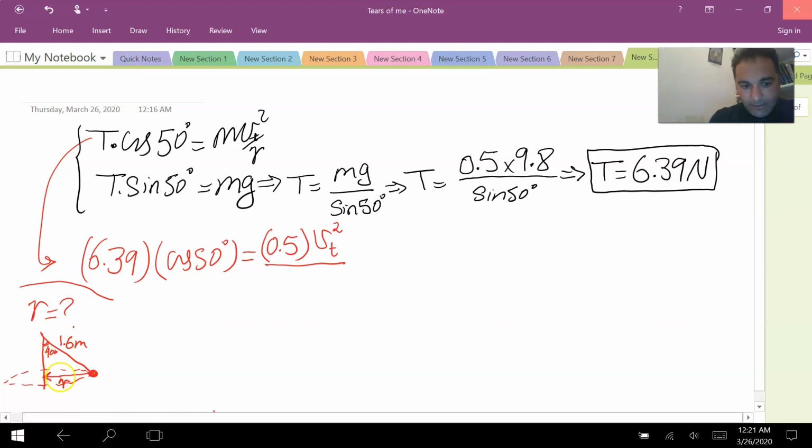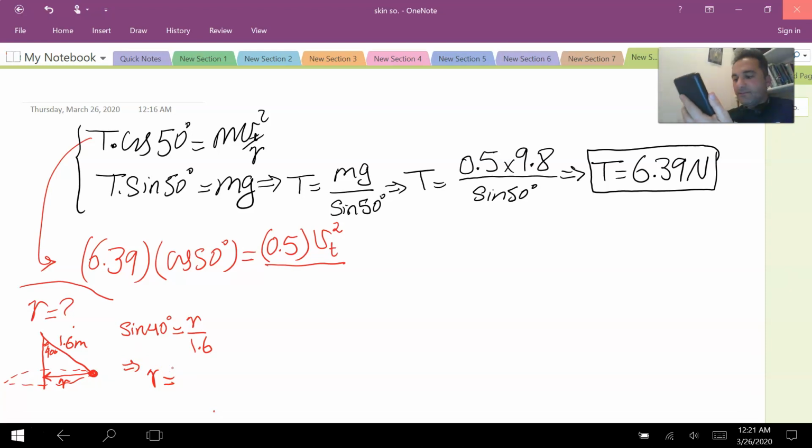This is a triangle, your opposite is unknown, your hypotenuse is 1.6, you do have the angle, so if I use sine of 40, correct, it is equal to opposite, which is r, divided by hypotenuse, which is 1.6. Therefore, radius will be 1.6 times sine of 40.